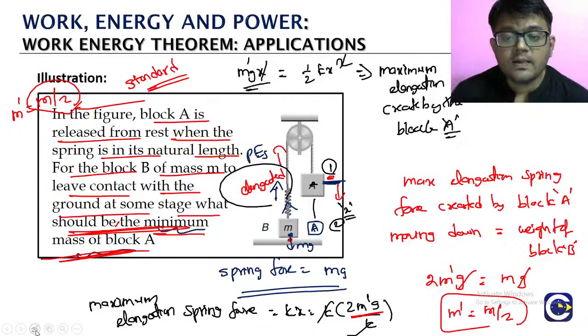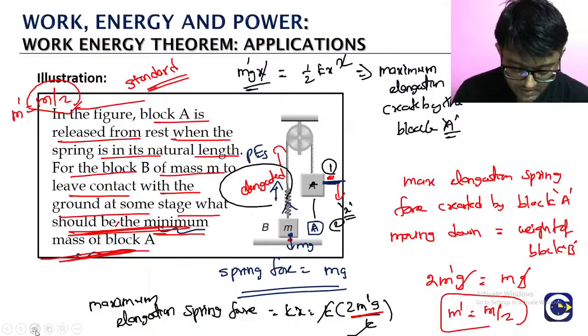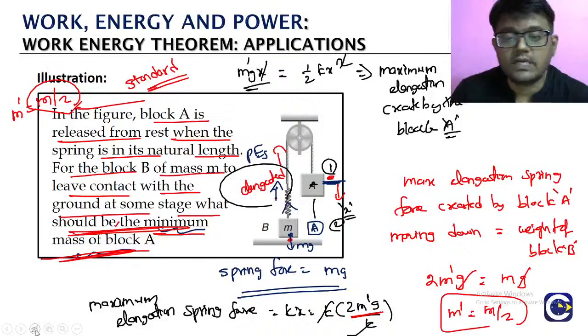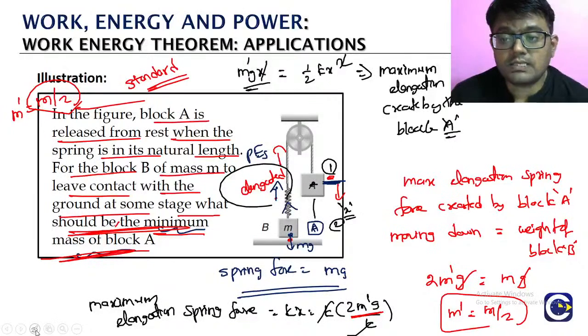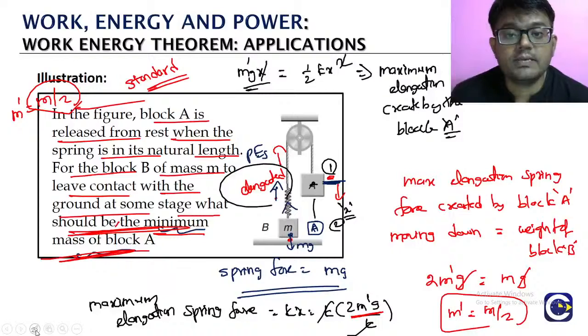Like they can say, if there is a block of mass 6 kg on this side, it has to be leaving the contact with the ground. Then on the other side, what is the minimum value for the mass of the block required? The minimum mass of the block that will be kept on the other side will be m by 2.